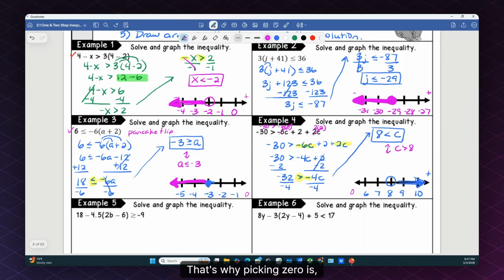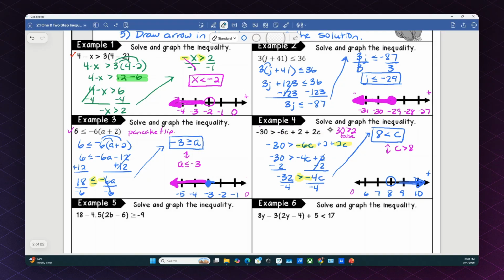That's why picking 0 is like the easiest thing. And then you end up with this crazy situation where it says negative 30 is greater than 2. That is a false statement. Okay. So that's wrong. 0 cannot be a solution. So that's why I'm shading away from 0. All right. So I hope that helps explain that one.